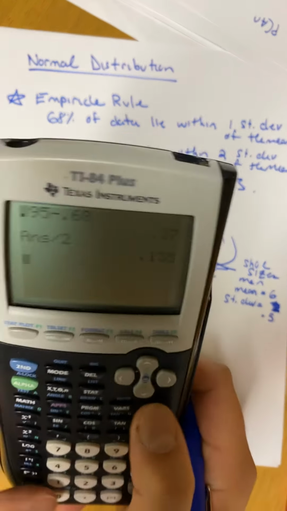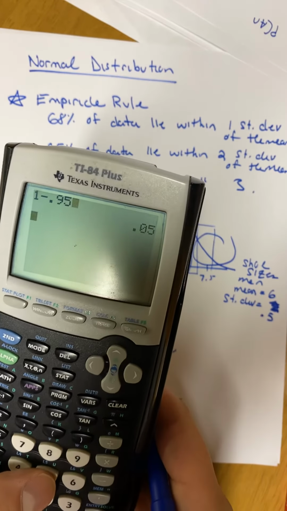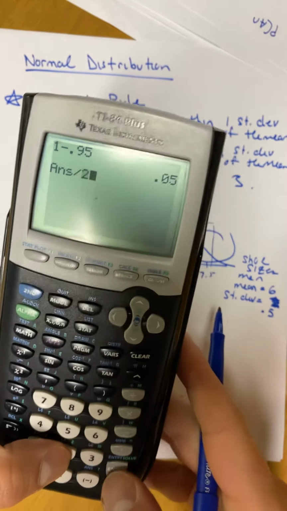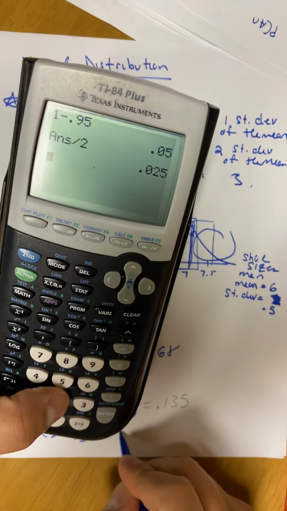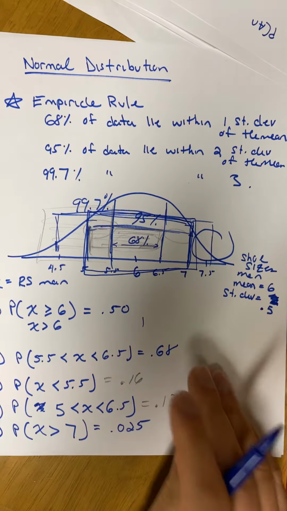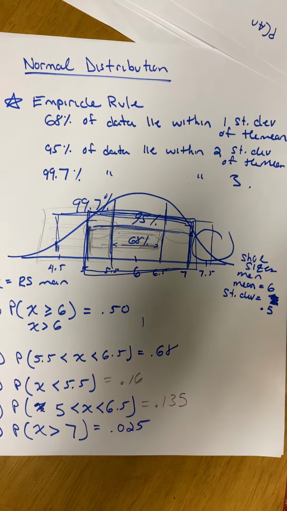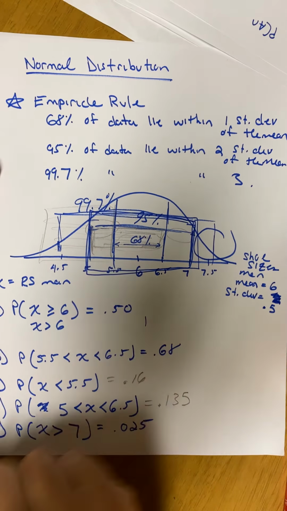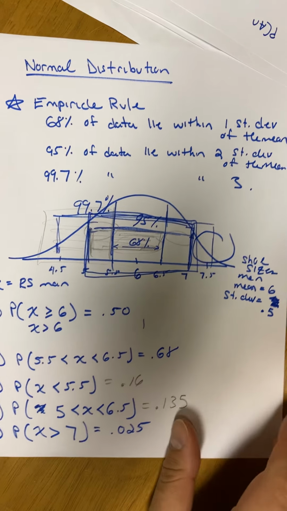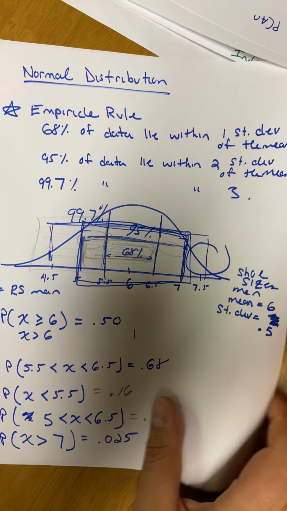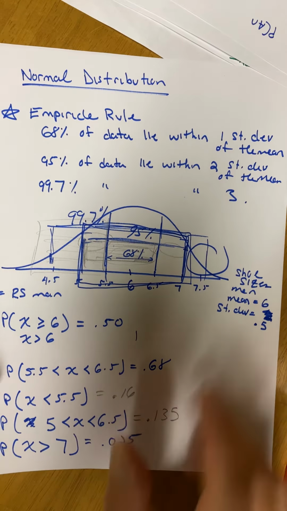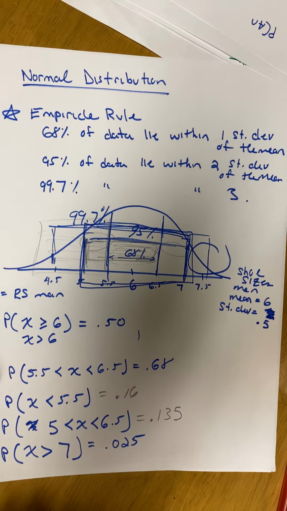So if I do 1 minus that, I get 0.05, and now I want this side only, so cut that in half, 0.025. So that's how you can find some of these partitions using the empirical rule. By the way, I'm not going to use the sheet because it's just too confusing for me. There's just too much in there, so I'm just going to dumb it down on paper for today.